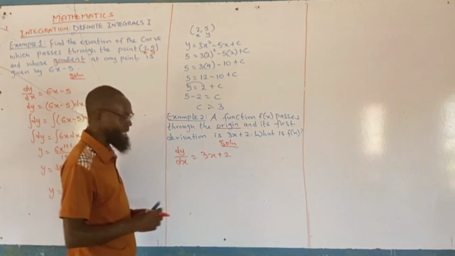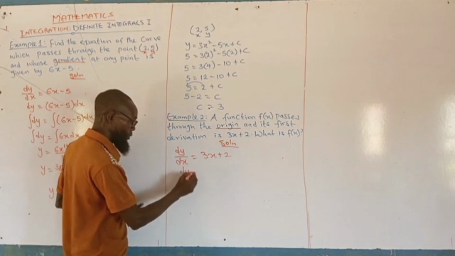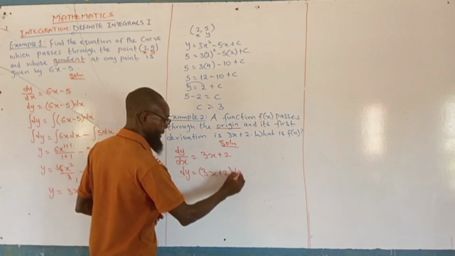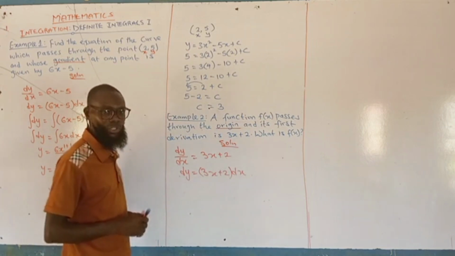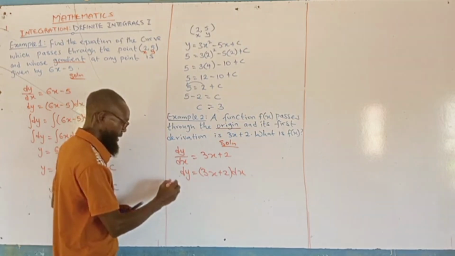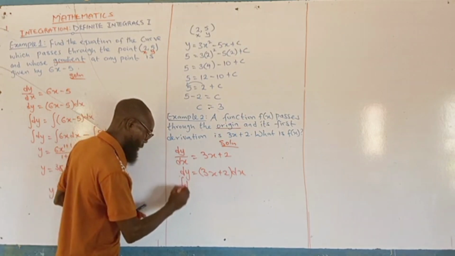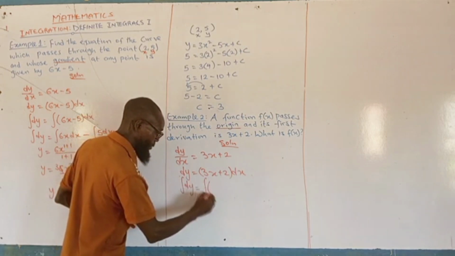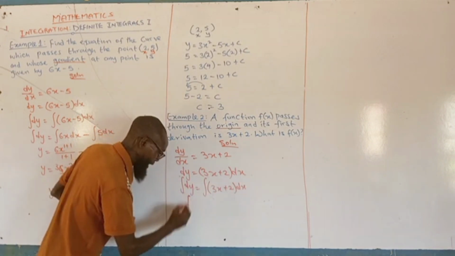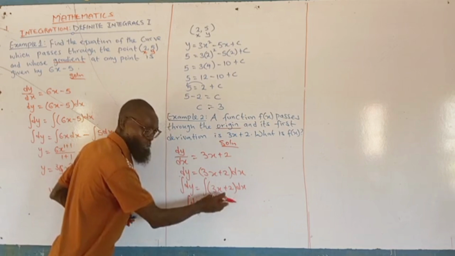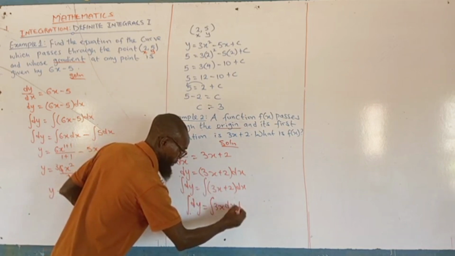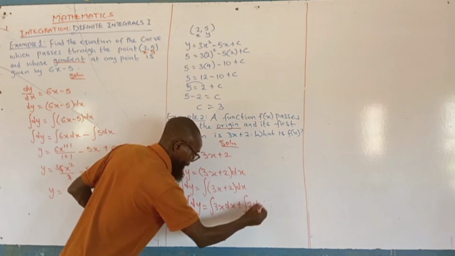Let us cross multiply here. dy equals (3x plus 2) dx. Then we introduce the integral sign. Integral dy equals integral (3x plus 2) dx. Integral dy equals, let's open this bracket, integral 3x dx plus integral 2 dx.